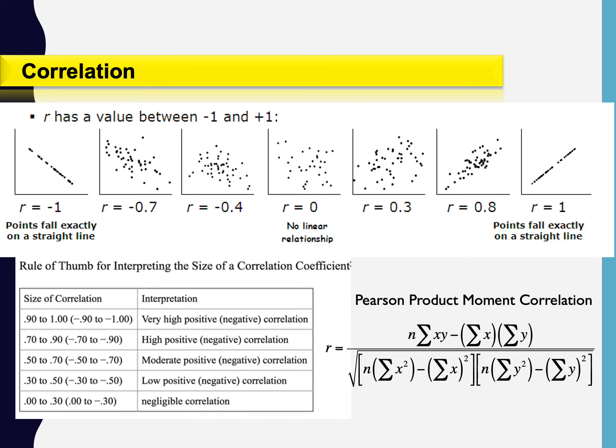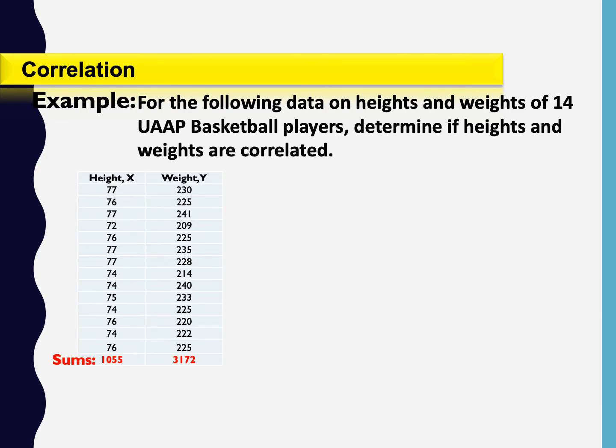Now, not to be overwhelmed by the formula of the Pearson product moment correlation, you can solve for the R value using Excel and other statistical tools. But using the formula, you just need to get the summation of some of your data observations.